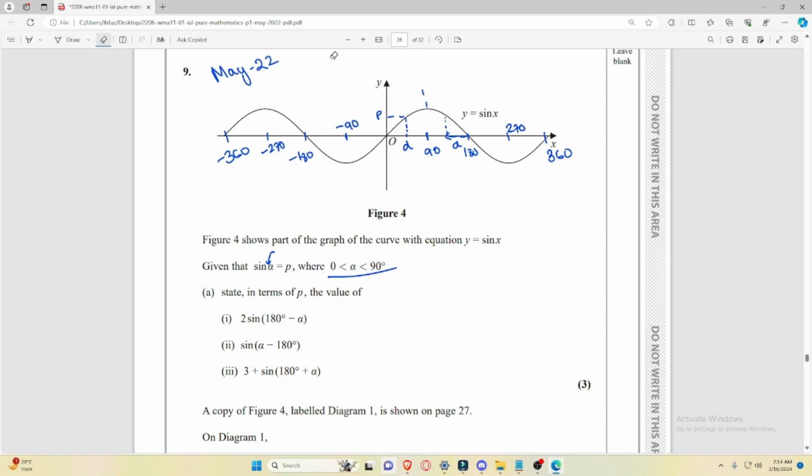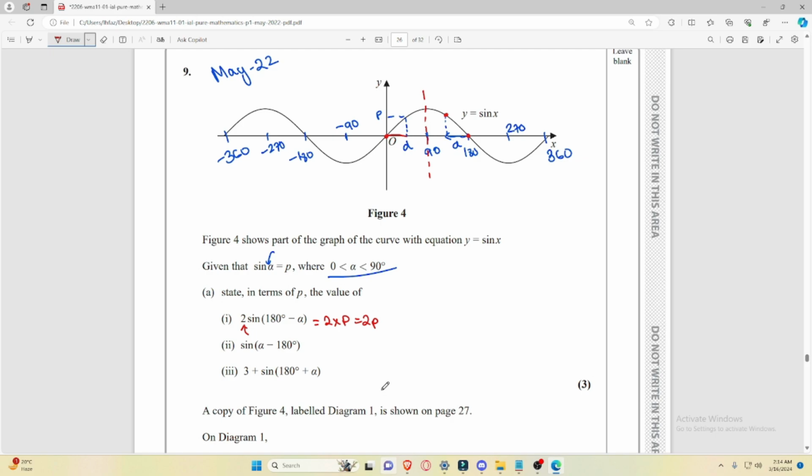Sine graphs are symmetrical to the right side and to the left side. So if I consider that from 0 point, if I went alpha, it is p. Again from 0 point I went alpha distance to the left, it is also p. So at this point it will also be p. But they want 2 times sine 180 minus alpha, so it will be 2 times of p. So 2p is the answer.